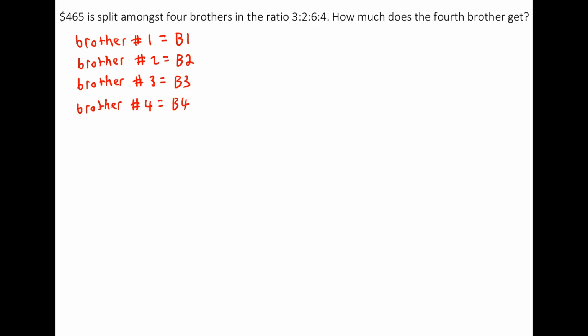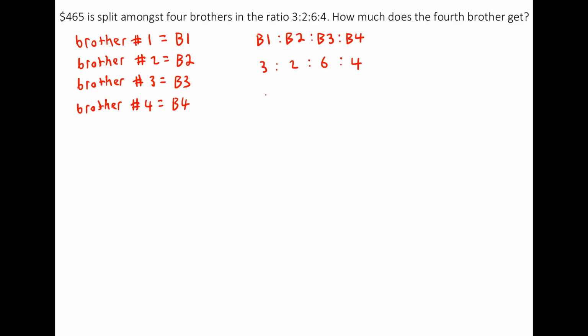Okay? So right now, in that ratio, I essentially have brother 1 to brother 2 to brother 3 to brother 4. And this will be 3 to 2 to 6 to 4.